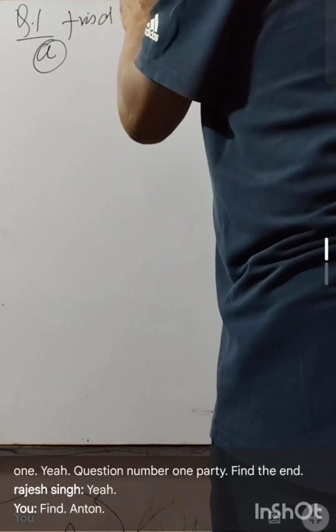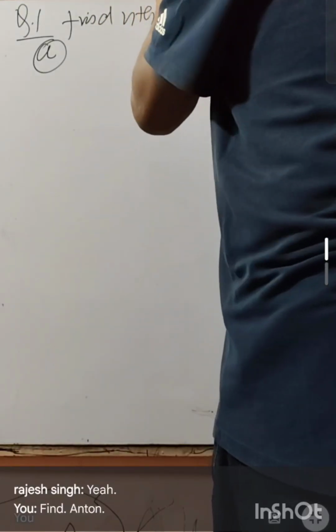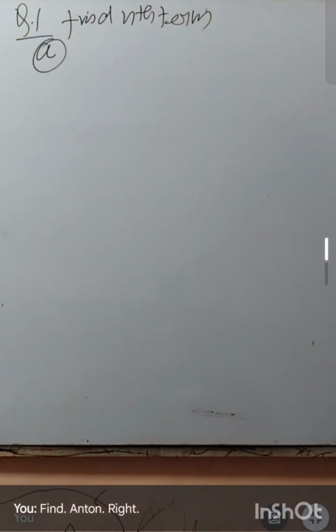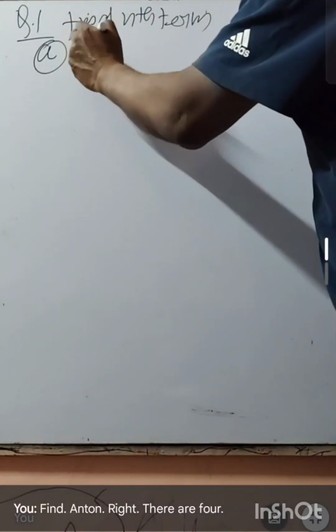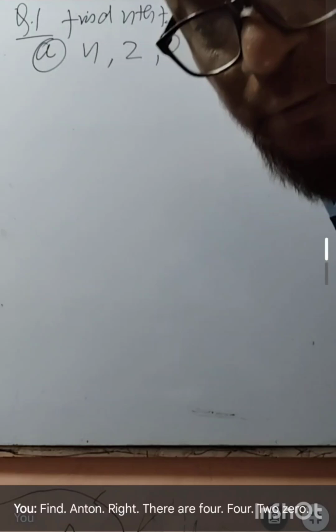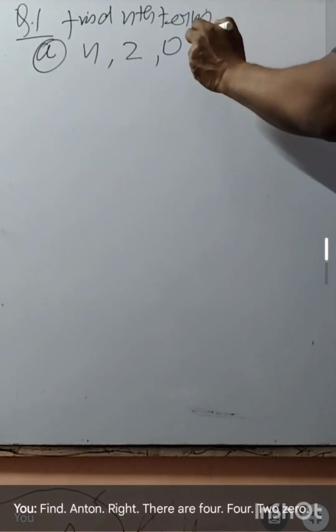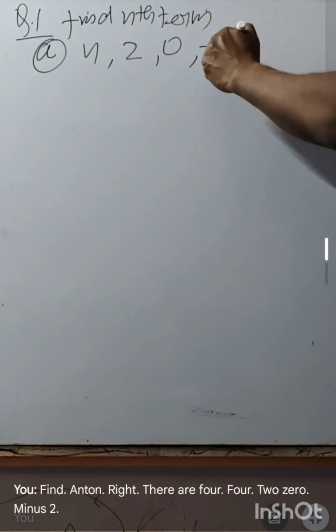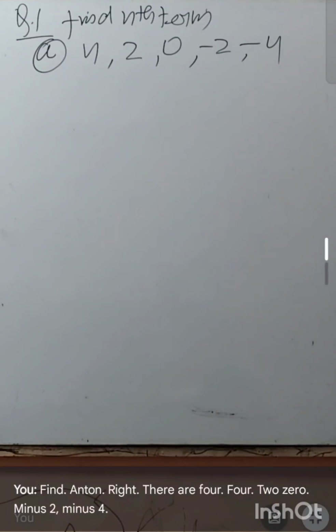There are 4, 4, 2, 0, minus 2, minus 4, right?